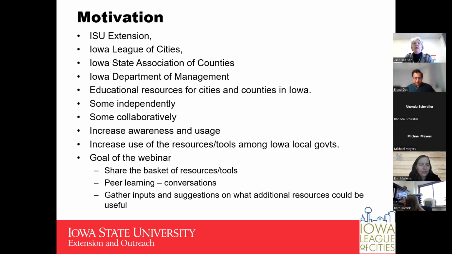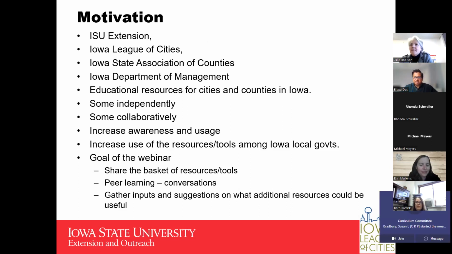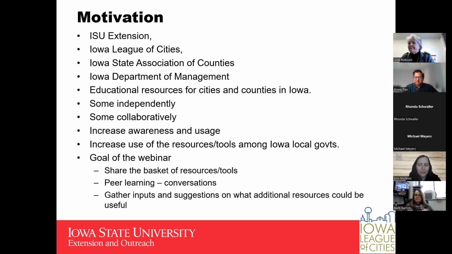In terms of the motivation for today's topic, which is essentially looking at some of the educational resources and tools that we have been working on. And when I say we, I refer to ISU Extension, Iowa League of Cities, Iowa State Association of Counties. We have been working together, sometimes collaboratively, to have publications which we collaborate on together, sometimes independently, but all of these resources are targeted at you all, cities and counties in Iowa.